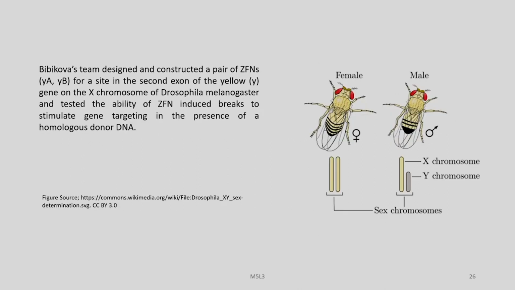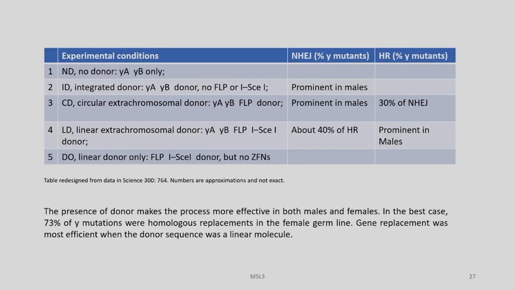So, their team designed and constructed a pair of ZFNs YA and YB for a site in the second exon of the yellow gene on the X chromosome of Drosophila melanogaster, and tested the ability of ZFN induced breaks to stimulate gene targeting in the presence of a homologous donor DNA.